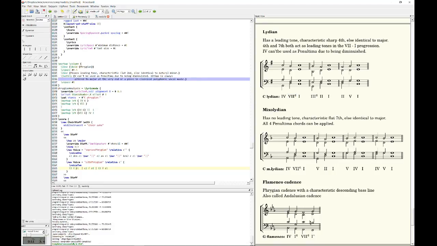And that's how they sound. That was the first one, the second one, and the last one, 2-5-1.